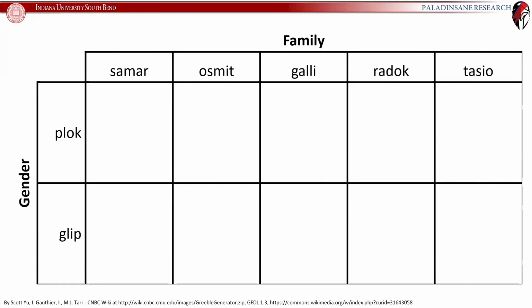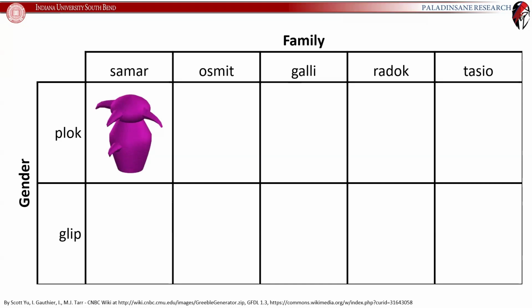Greebles are these little entities, and they come from 5 families. They come from the Samar family, the Osmit, the Galli, the Radok, and the Tasio, and they have 2 genders. You're either a plok greeble or a glip greeble. A greeble from the Samar family with the plok gender, that's an example of a plok Samar greeble.